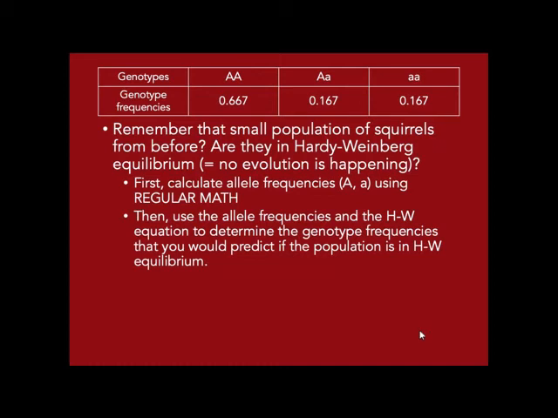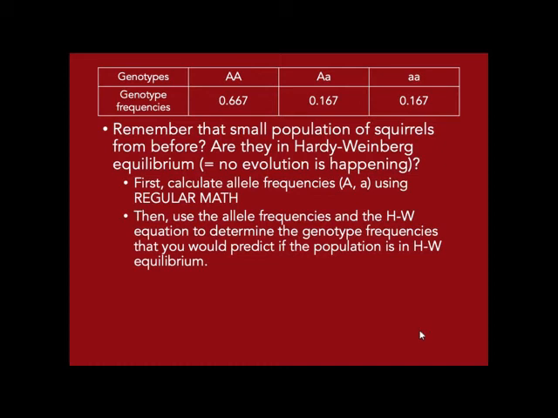Then we're going to use the allele frequencies and the Hardy-Weinberg equation to determine the genotype frequencies that you would predict if the population is in Hardy-Weinberg equilibrium. So let's do this first part over here, okay? So let's figure out the frequency of big A. All right, so what would we do?